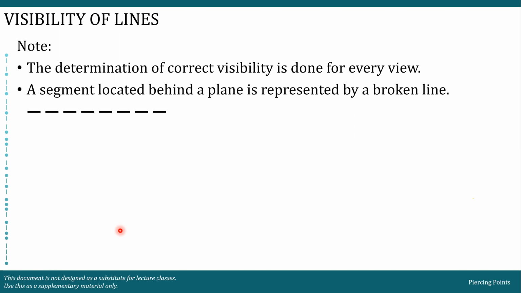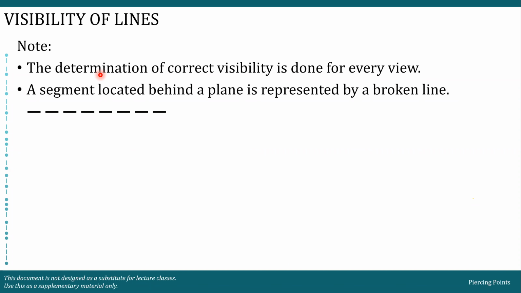That is incorrect. Kasi the appearance of or relative position of the planes as seen from one view is different and independent from how it will be seen from another view. So kailangan, yung method na ipapakita ko sa inyo, gagamitin natin siya, uulitin natin siya for every view that you have. Let's say, kunyari, meron kang 2 views. Then, dalawang beses mong gagawin yun. Let's say you have 3 or more views.